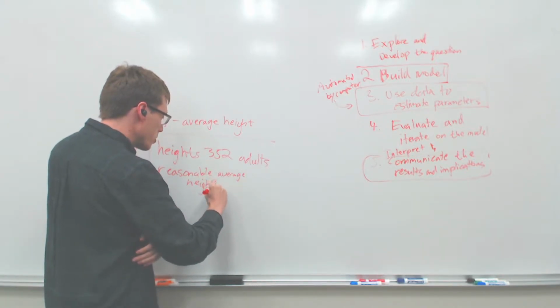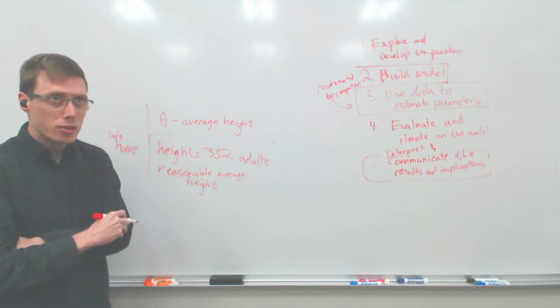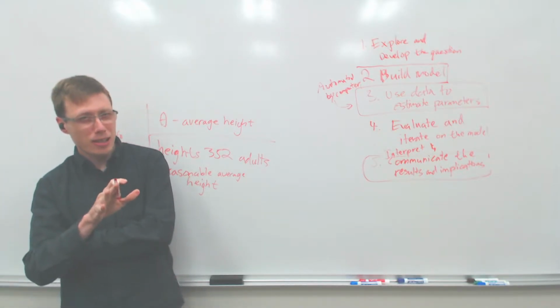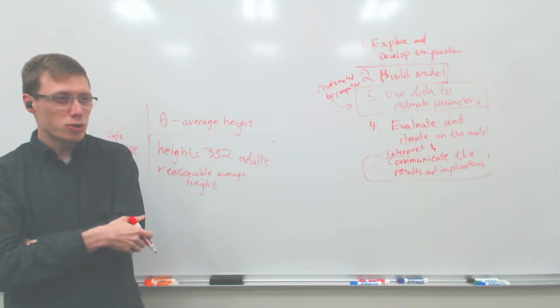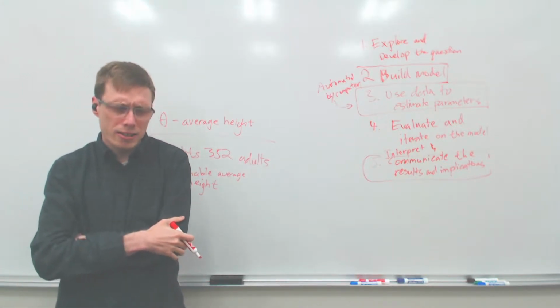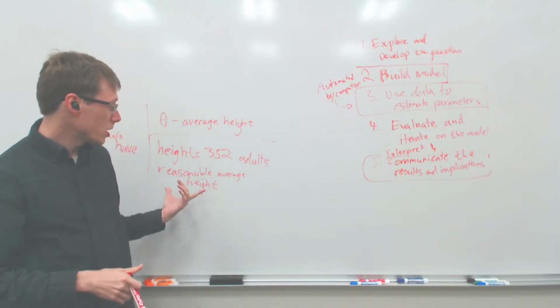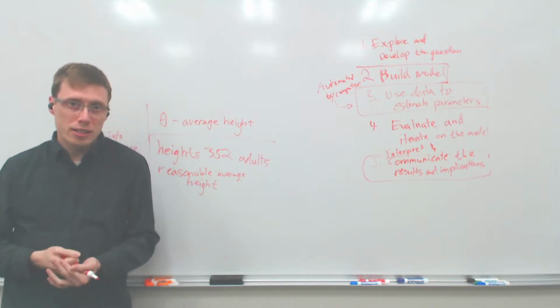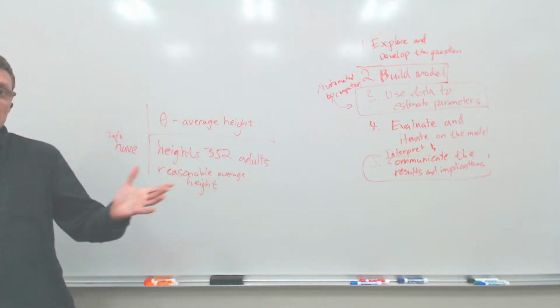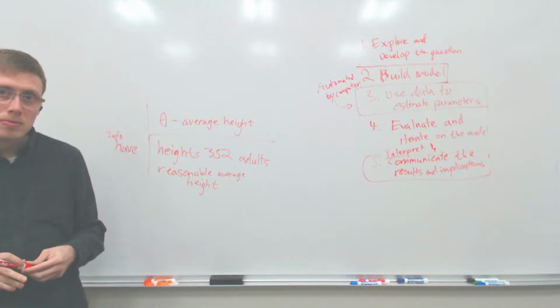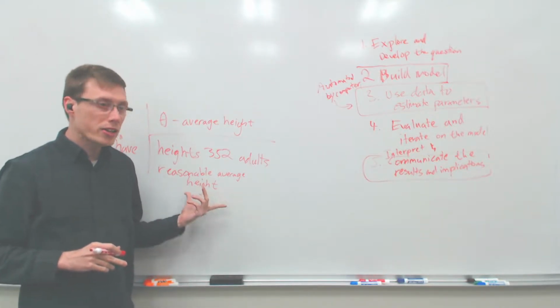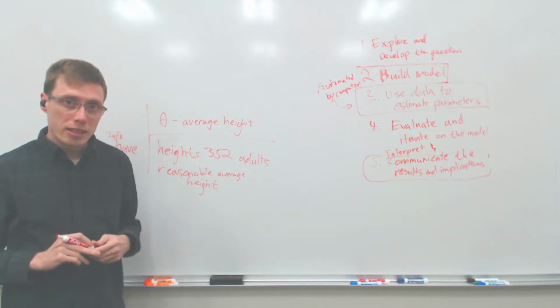If I were to tell you their average height is 8 feet, you'd be like, I don't know about that one. I doubt that. Or if I told you their average height was 2 feet, you'd also quite doubt that, right? So we have some actual idea of what typical average heights are. And so we can use that to help also figure this out. And this will go into our prior. This is going to be going into our likelihood ultimately.